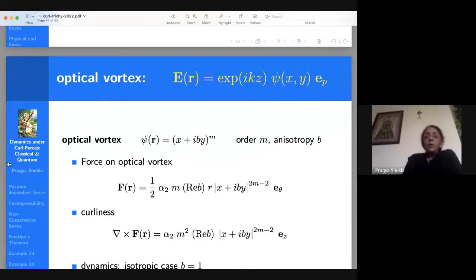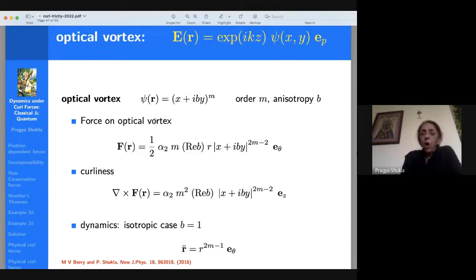So now this connects you to a very important area of physics, which is now being studied with great interest. That is singular optics, or OAM, or optical vortices and all that. So what is an optical vortex?